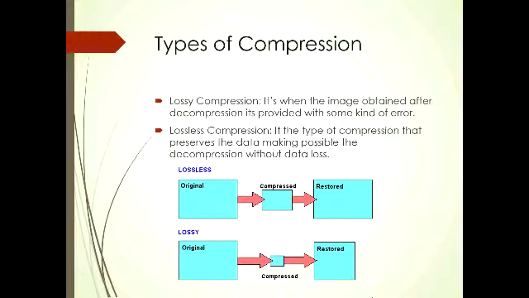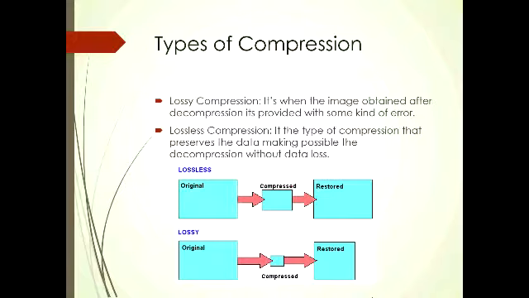Now, the types of compression. There are two types of compression: the lossy compression and the lossless compression. As we can see here, lossless compression is a way to compress without losing any kind of data.